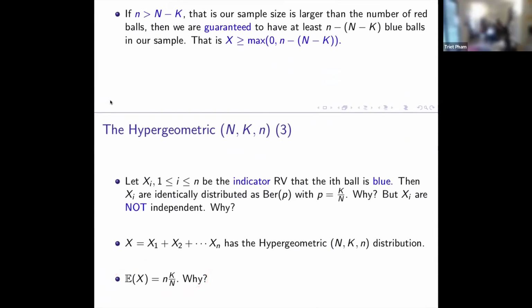So why? We have emphasized that if it's not a binomial, why is the expectation the same?